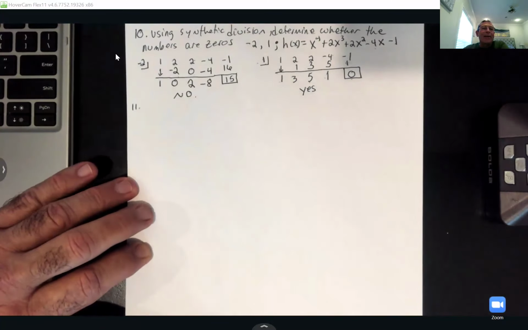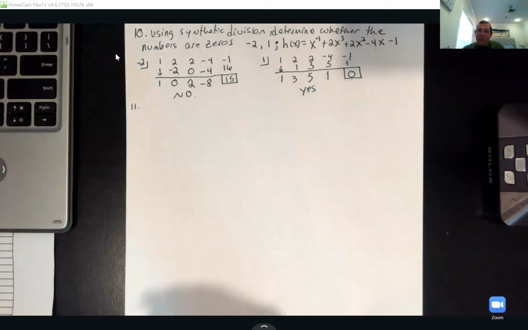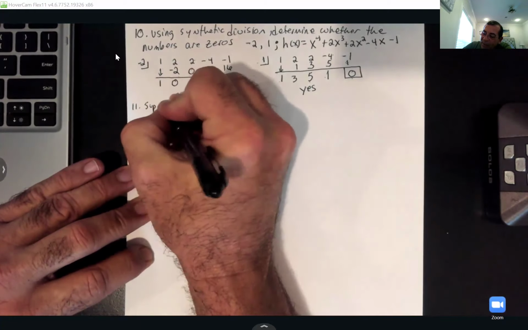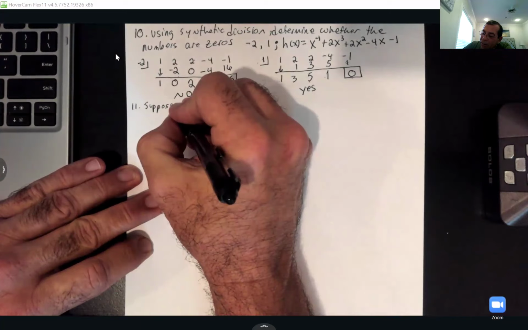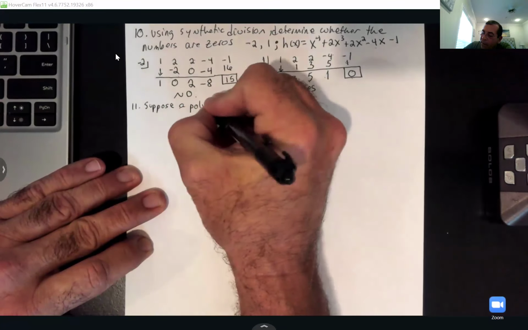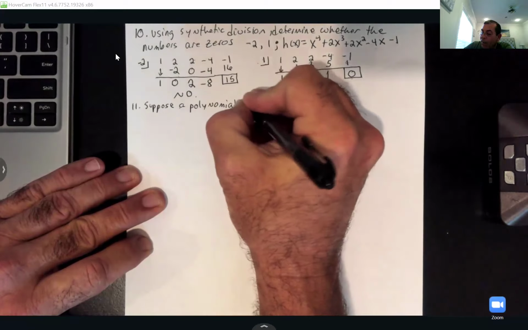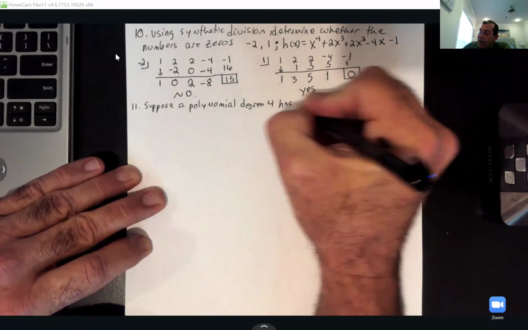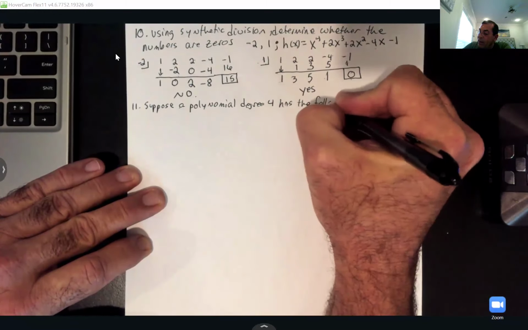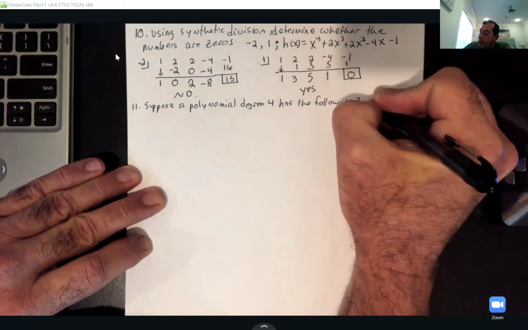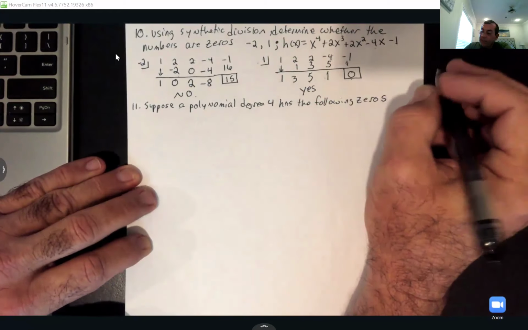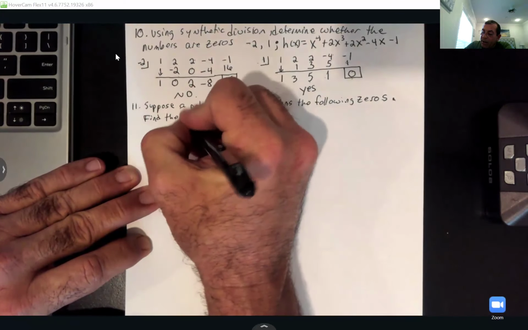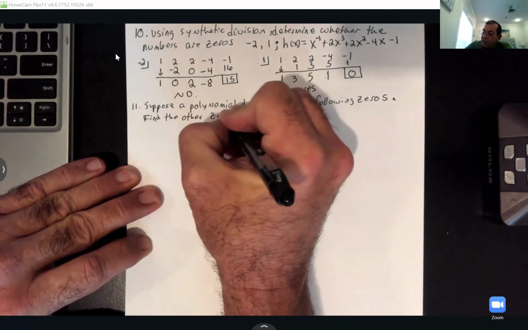So y'all, that's all you're doing to that. So let's see what y'all put on this one. This one will be on y'all, because it says, suppose a polynomial of degree 4 has the following zeros. Then they say, find the other zeros.